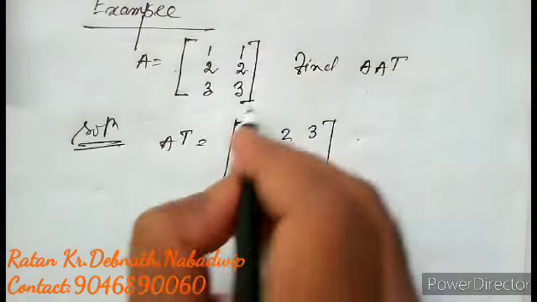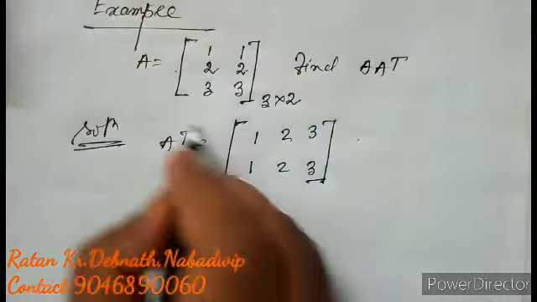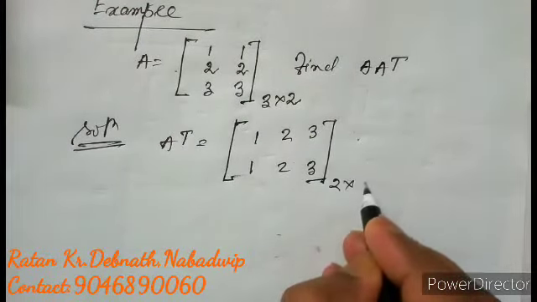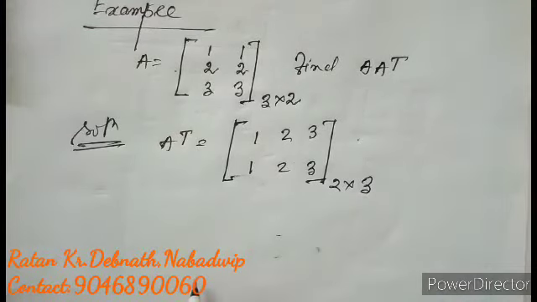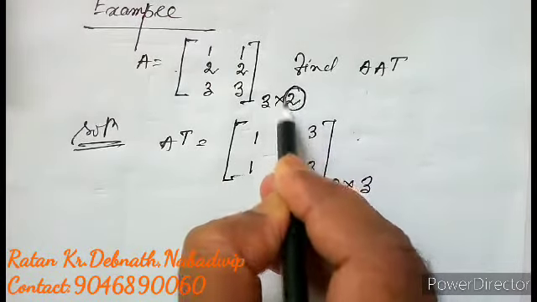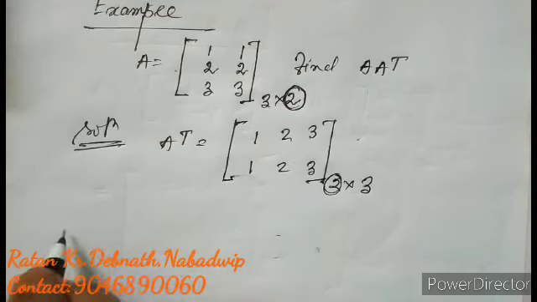The given matrix is 3 cross 2 and A transpose is 2 cross 3. So matrix multiplication is possible because the number of columns of the first matrix equals the number of rows of the second matrix. So A into A transpose.